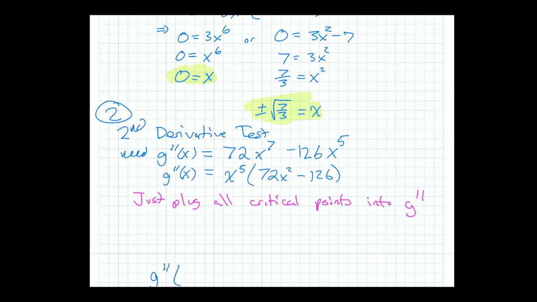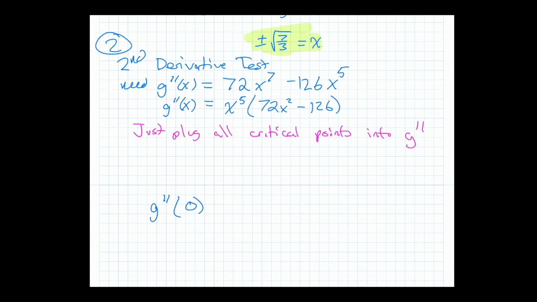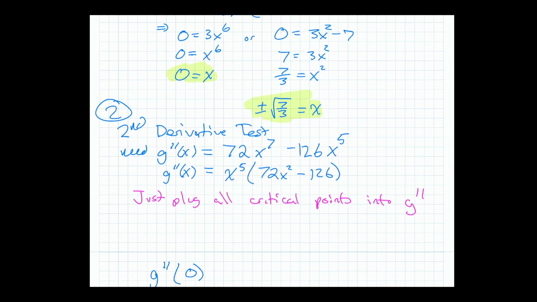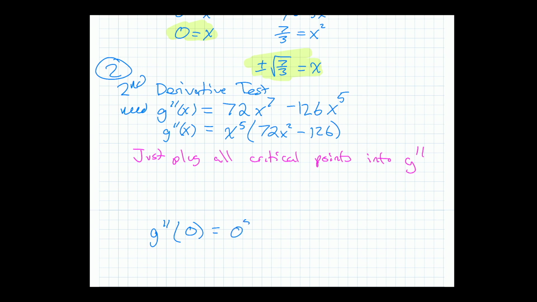So we're gonna have g double prime of, what's one of the critical points? 0, right? So that is going to be 0 to the 5th, 72 times 0 minus 126, which is 0. Uh-oh. You see the problem here? I already got 0.